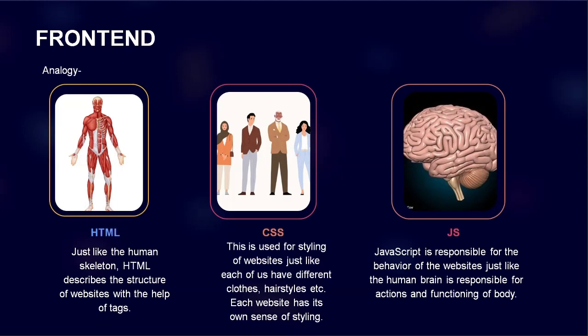Similarly, the structure for a website is given by HTML. Which component will be placed first, which component will be placed next is decided by the HTML. The content is a heading, or is it a paragraph, or is it a table, is decided by the HTML tags.